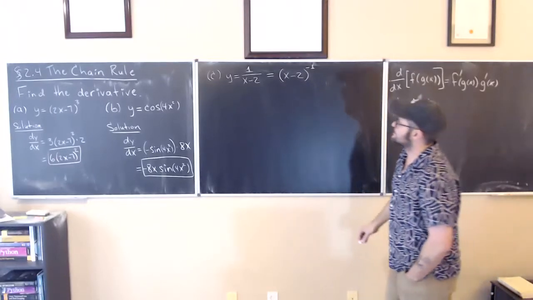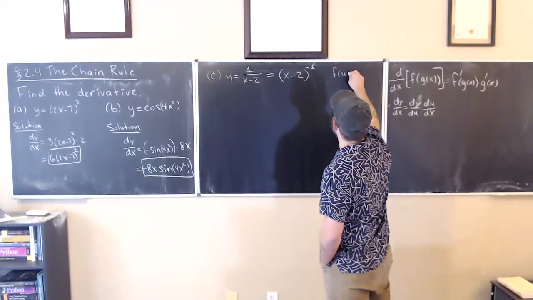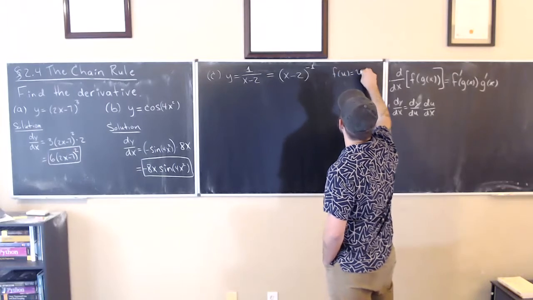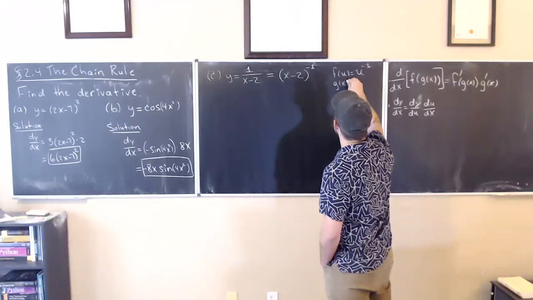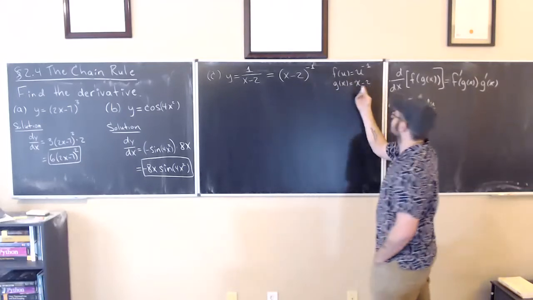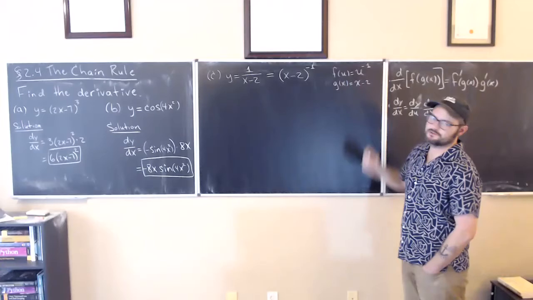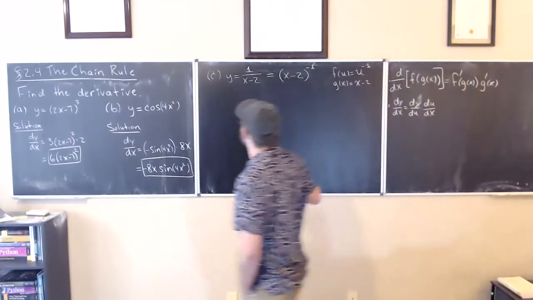So then you can think of f of u as just u to the minus 1, and g of x as just equal to x minus 2. And just remember that that whole function there is u. So now we can apply the chain rule.